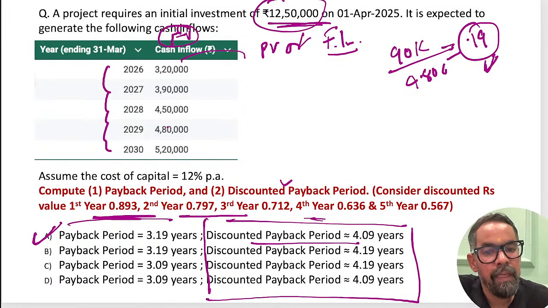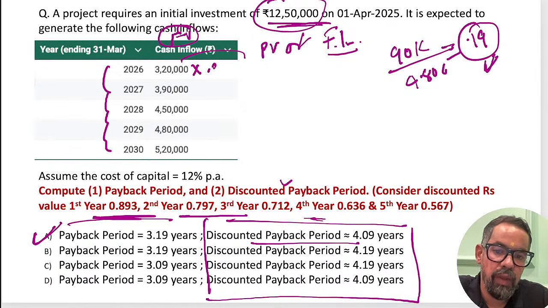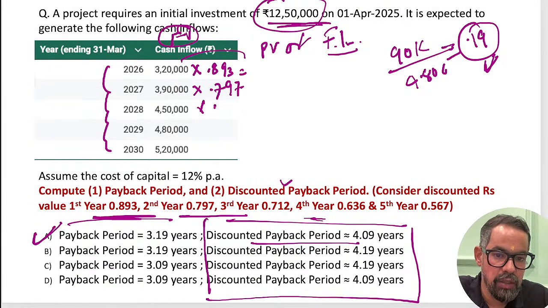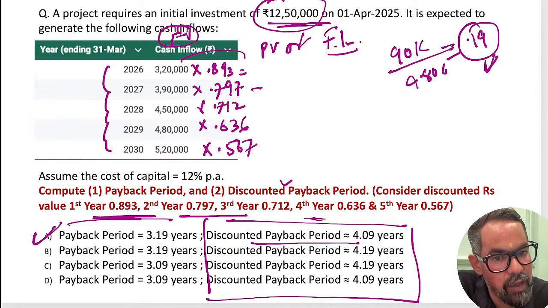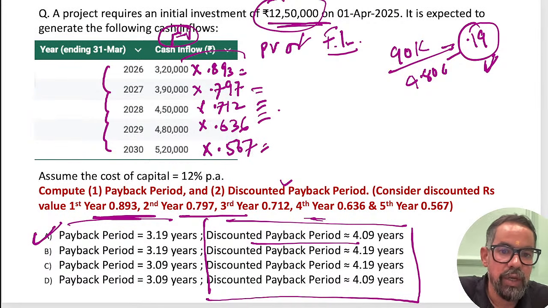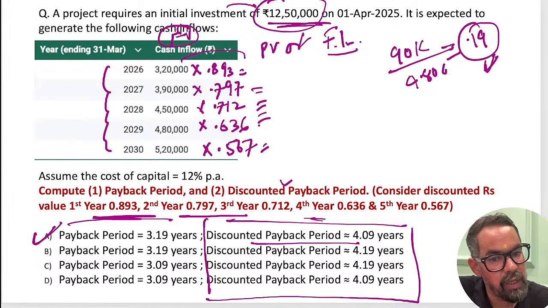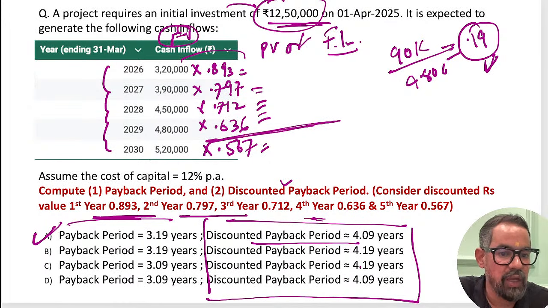So what we will do: 3,20,000 into how much, 0.893 equal to, then we have another year, the second year is 0.797, the third year 0.712, the fourth year it is 0.636 and the fifth year 0.567, okay. So if you calculate the outcome, once you reach the amount 12,50,000, mostly it will come around this, let's say 4 years as per the option.